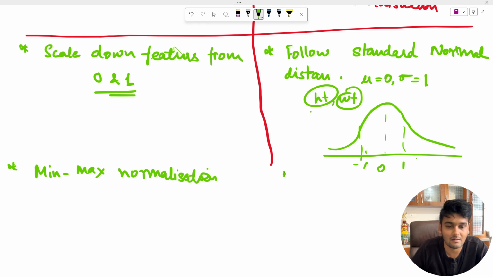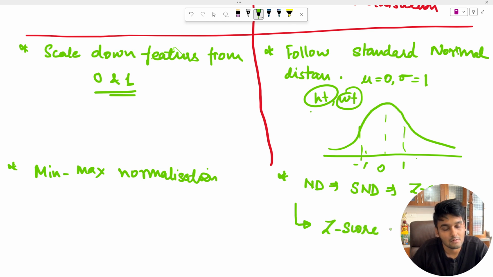And we know that whenever we convert from a normal distribution to a standard normal distribution, we use a term called z-score transformation, right? Hence this method of standardization is also called z-score normalization.